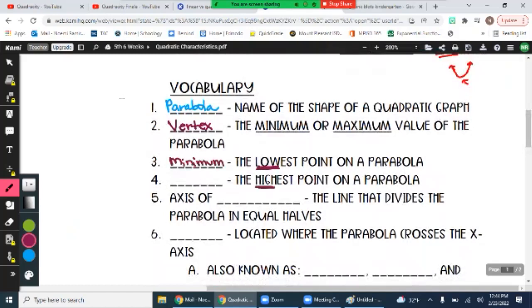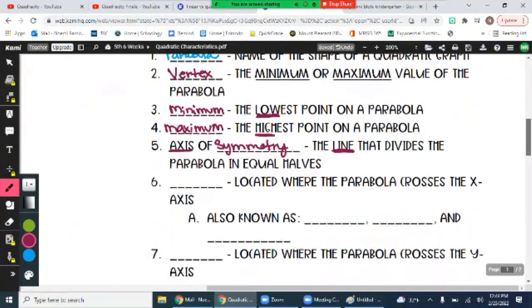The highest is the maximum. Axis is another word for what? Line. Axis is the same as line. Line of symmetry splits it into two equal halves.